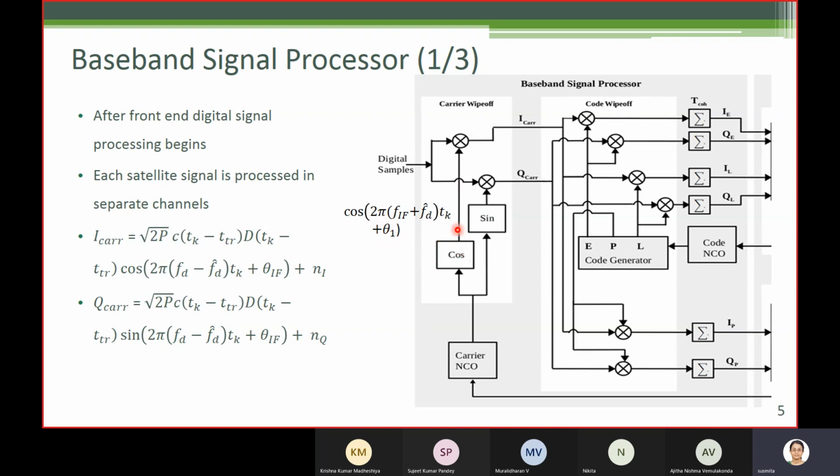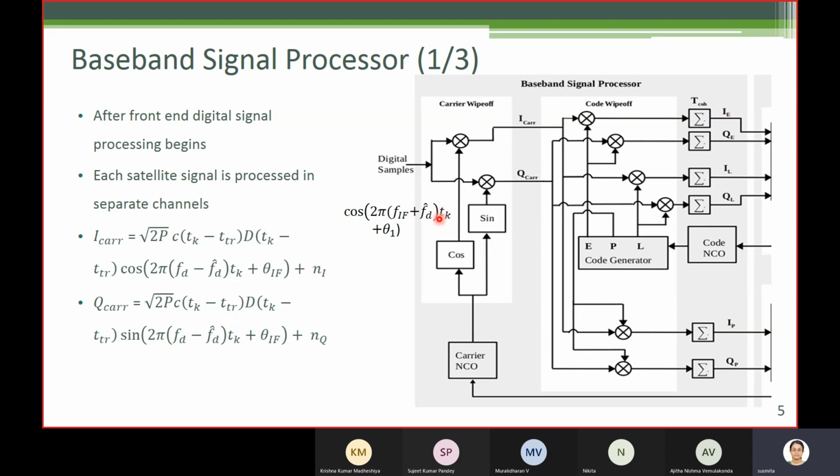The cos term goes to this leg, and then the sine equivalent: in place of cos in this block, we have sine of the same thing fed to this leg. Now the leg which has the cos term is called in phase, I, and the leg which has sine is called quadrature phase, Q. In phase and quadrature phase, I and Q.